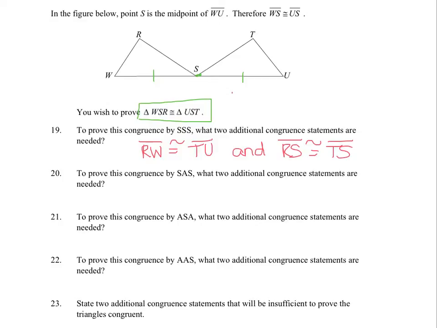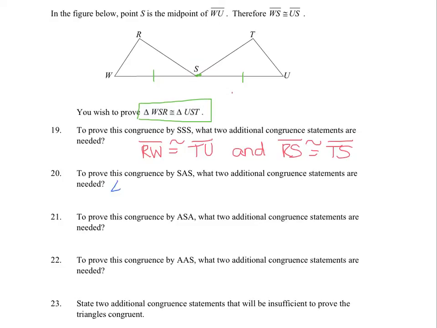For number 20, to prove this congruence by SAS, what 2 additional congruent statements are needed? So we already know that this side's congruent to this. So we either have to have side angle side or side angle side. So there's 2 different answers that you can produce with this.